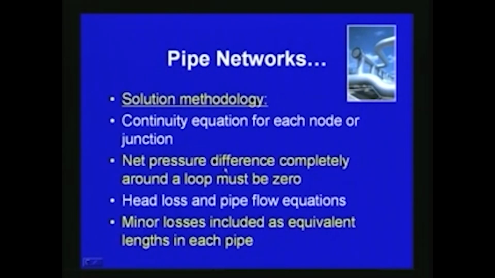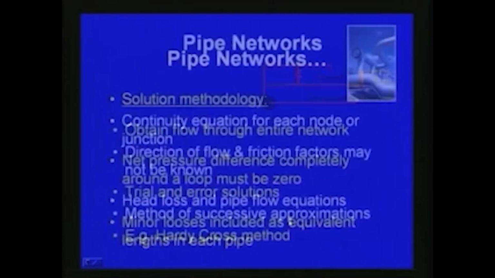So, we consider the net pressure difference completely around a loop must be 0, and then the third point is the head loss and pipe flow equation, which we use as we have seen earlier. We will be using the head loss equation and the pipe flow equation based upon the energy equation, or Darcy's equation, and then the minor losses are included as equivalent lengths in each pipe.